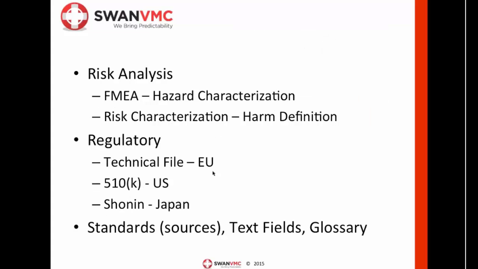Some other things to think about: risk analysis. When I do failure mode and effects analysis, both process and design, what I do is overlay the work items that we're using that are part of the harms down fault tree analysis with the FMEA. And the reason I do that is so that the FMEA populates into the hazardous situation work item directly.